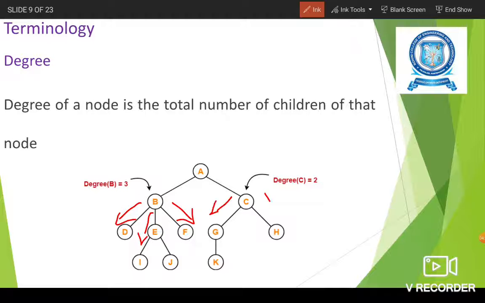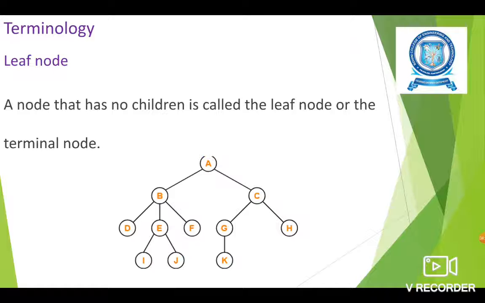It has 2 children. So degree of C is 2. What about the degree of A? So A contains 2 children, B and C. So the degree of A is 2. Okay. Hope you understood what is degree.